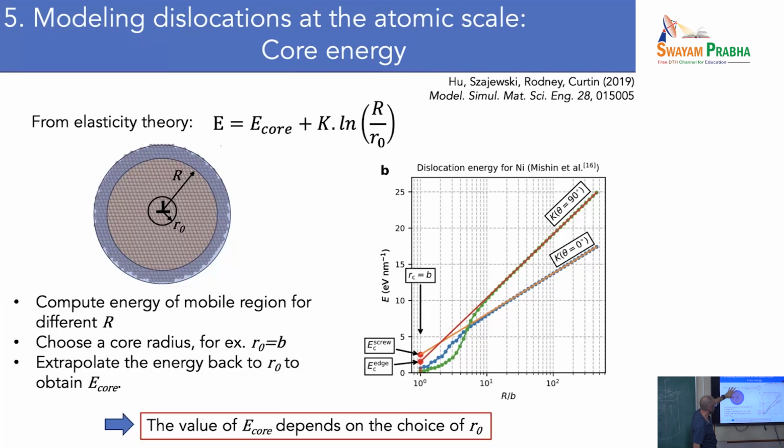Other people had done it, but we had another thing in mind. This was just one part of the study, but we ended up using exactly the same methodology to compute the core energy. We assumed a core radius of 1 Burgers vector. Then we varied the outer radius from something around 1, so a very, very small simulation cell, to several hundred Burgers vectors.